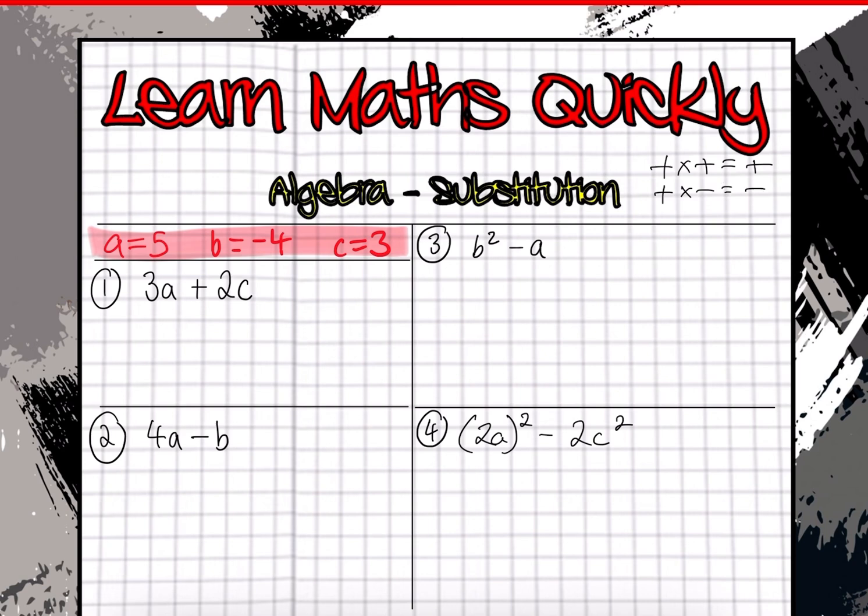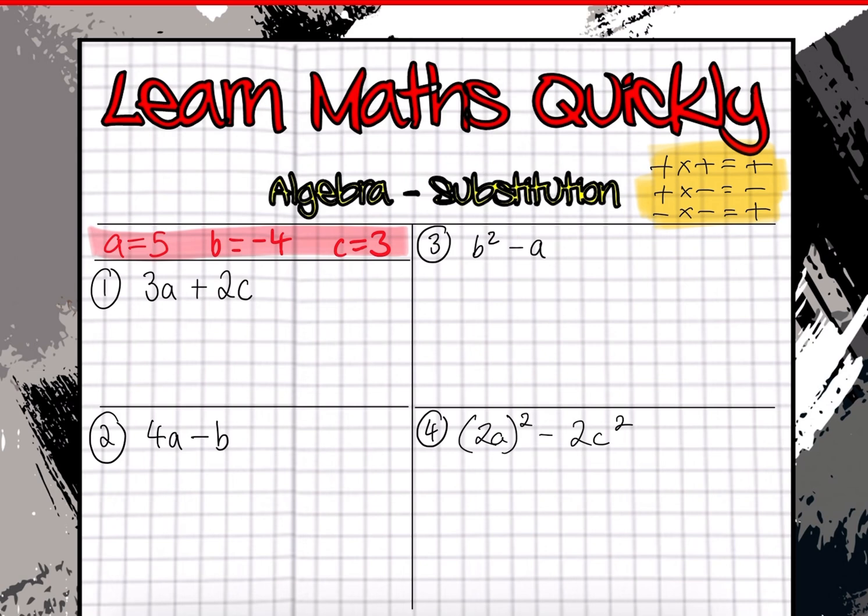And if you have a negative number times by a negative number, your answer is always positive. So the main thing to remember there is if the signs are the same, your answer becomes positive. If they're different, your answer becomes negative. Now that's going to be quite useful, particularly when we substitute this b is -4 into some of these equations here.